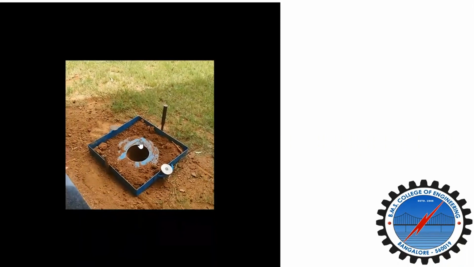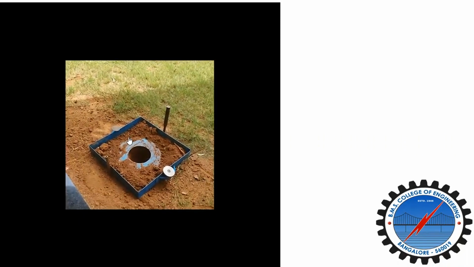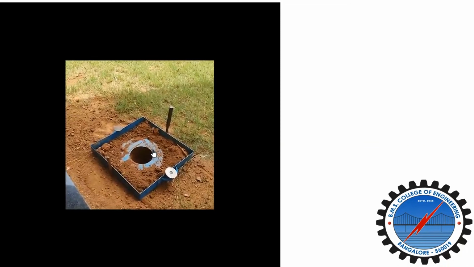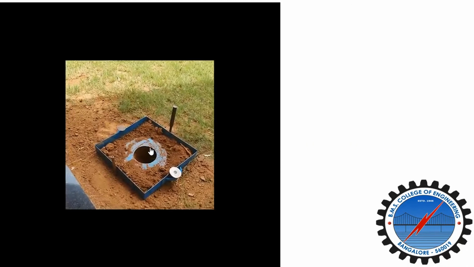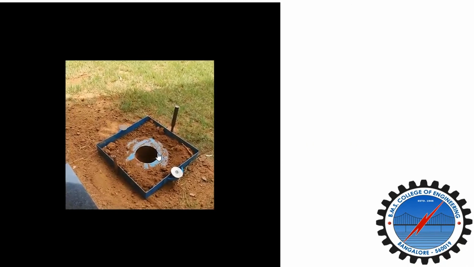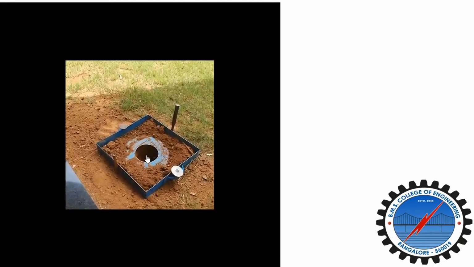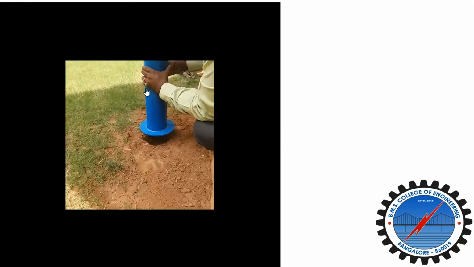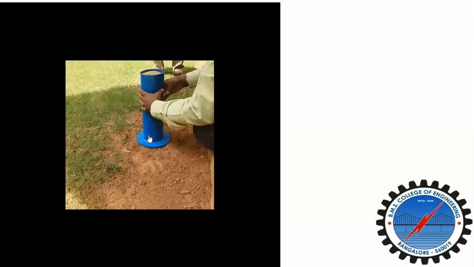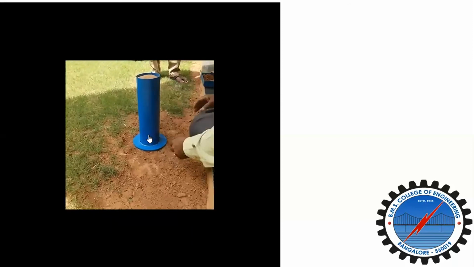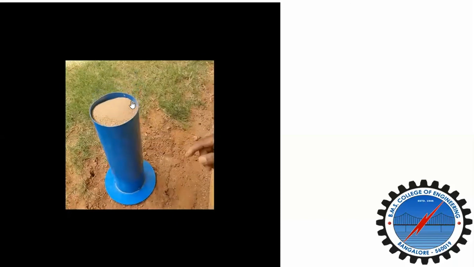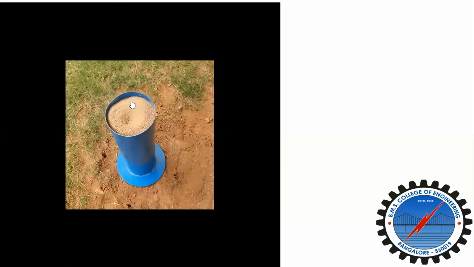And then next, we have to place the sand pouring cylinder concentrically over the excavated hole. You can observe we are placing the cylinder concentrically on the excavated hole. And then we have to open the shutter and allow the sand to run out into the hole.